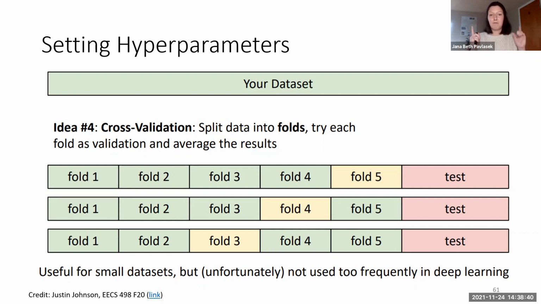In this case, 5 equal folds. Then we run our whole algorithm holding back 1 fold as the validation set: using the first 4 chunks as training data and the 5th one as validation. Then we do the same holding out the 4th one as validation, and the same holding out the 3rd one as validation.